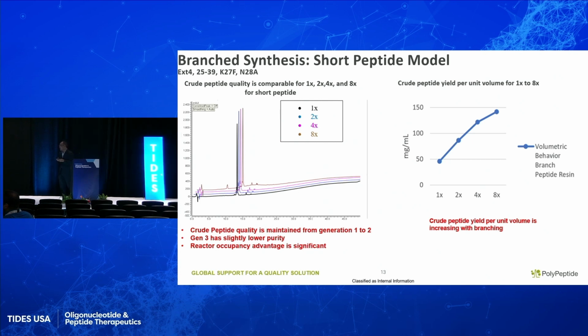The significance of this is that for this peptide, let's say you have a 100-liter reactor. It can compete with a 200 or 300-liter reactor. If you have a 1,000-liter reactor, it can compete with a 2,000 or 3,000-liter reactor. That's what this slide is suggesting.